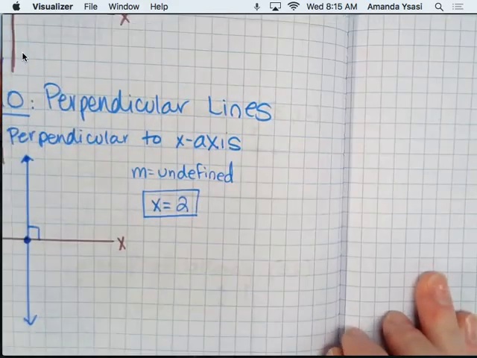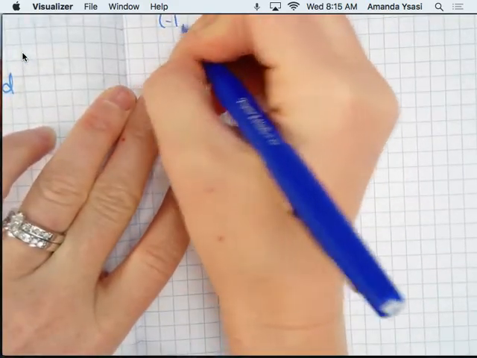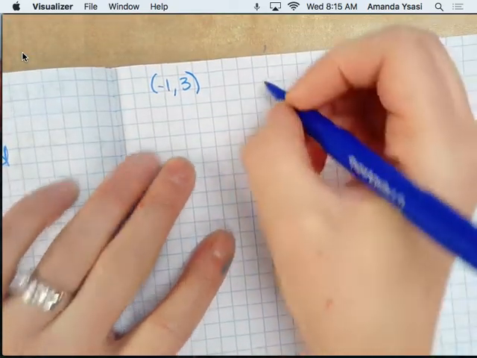Okay, let's do the next one. Negative 1, 3, and perpendicular to the x-axis.